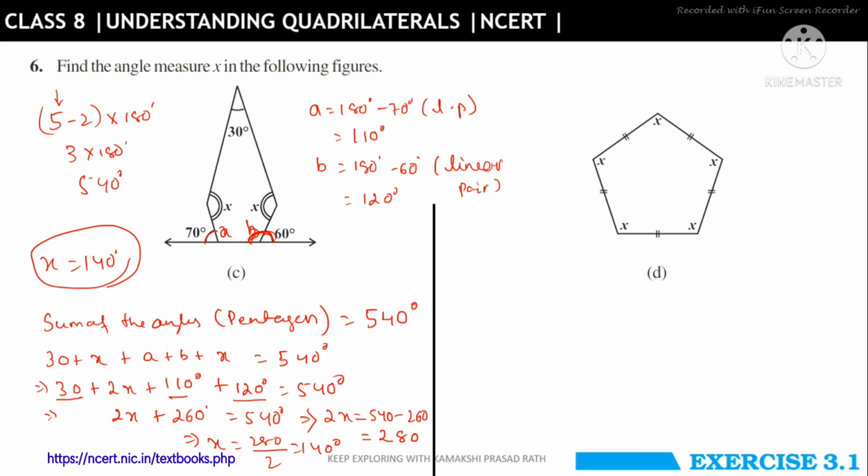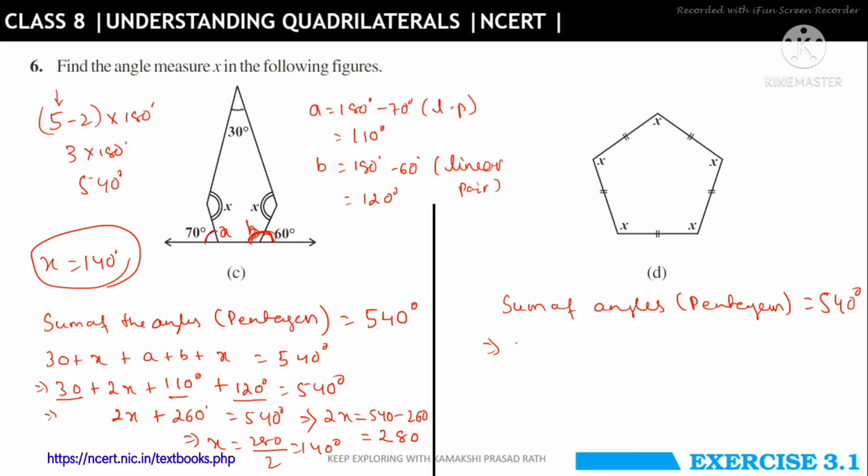So this is also a pentagon. So in a pentagon, the sum of the angles is always 540 degrees, as we see here. So the sum of the angles of a pentagon is equal to 540 degrees. But here we see all are of the same measure.